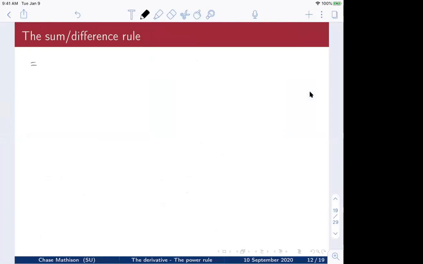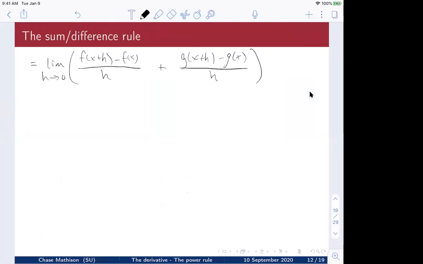So this is equal to the limit as h approaches 0 of f of x plus h minus f of x all over h, plus g of x plus h minus g of x all divided by h.